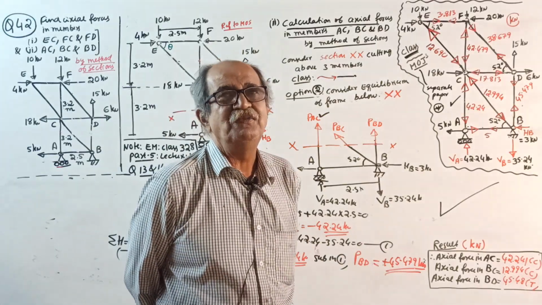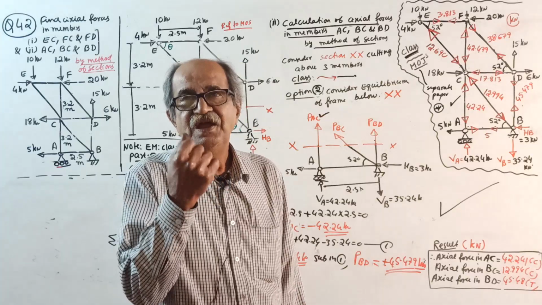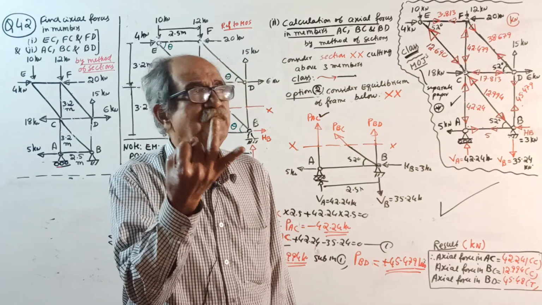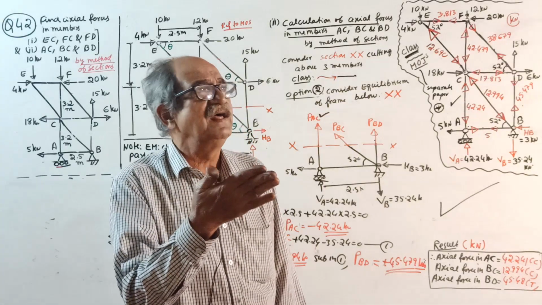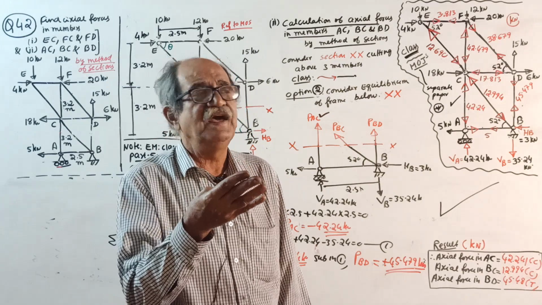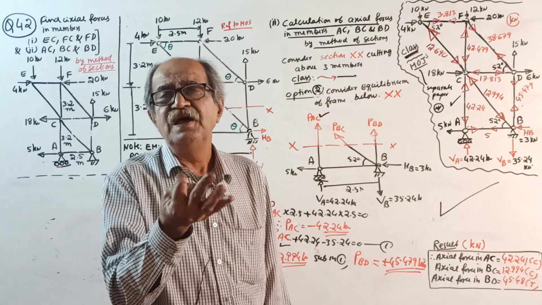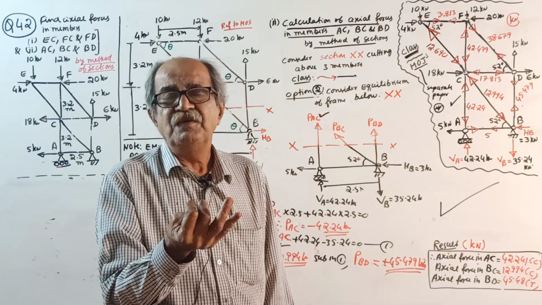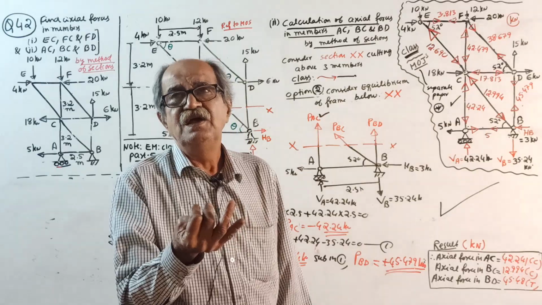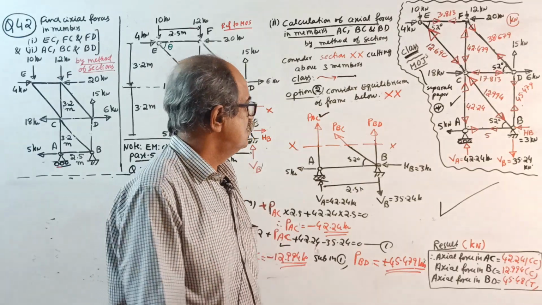After all, equilibrium is very easy. Later, moment distribution method, slope deflection method, Kani's method, consistent deformation method, strain energy method, Castigliano's energy method, or if I do by matrix method, finite element method, all those methods also, what will happen?